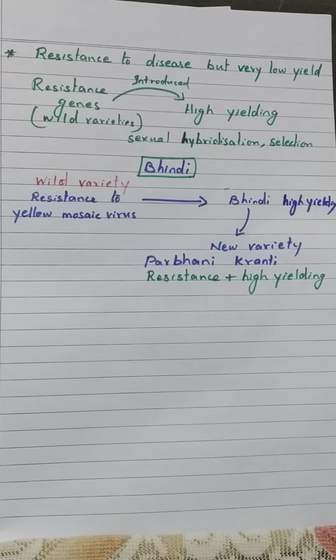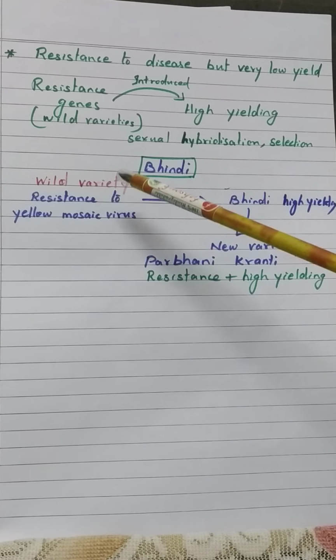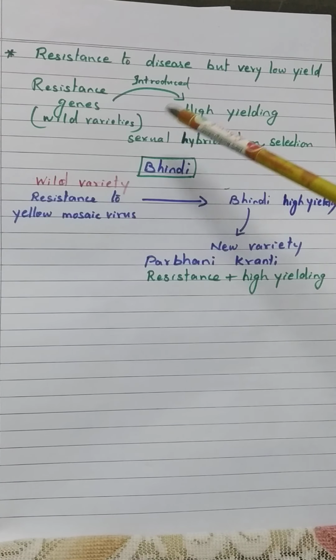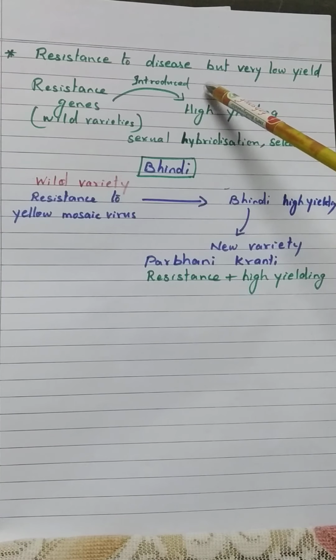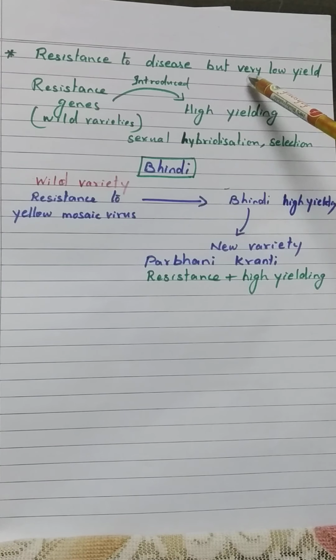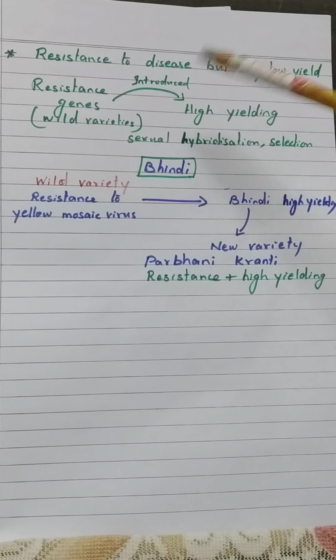There is one drawback in these disease resistant plants: they are resistant to disease but they produce a very low yield. For that, what do we have to do?